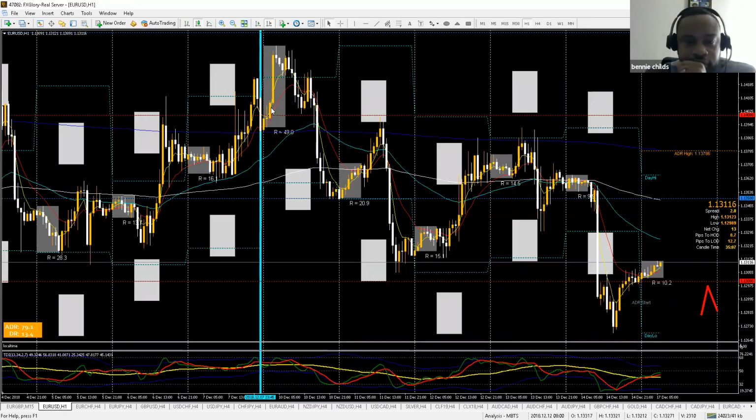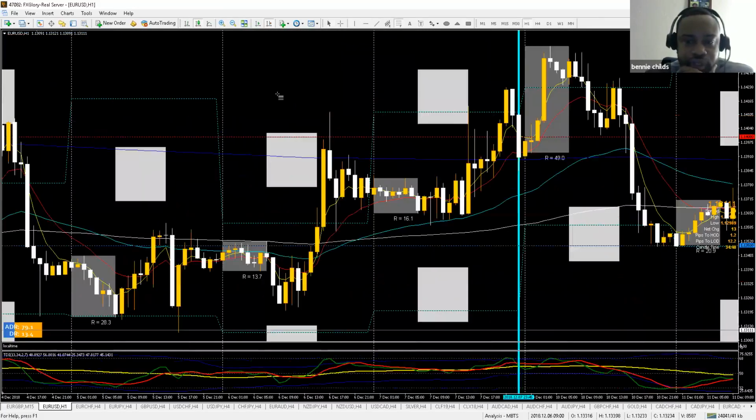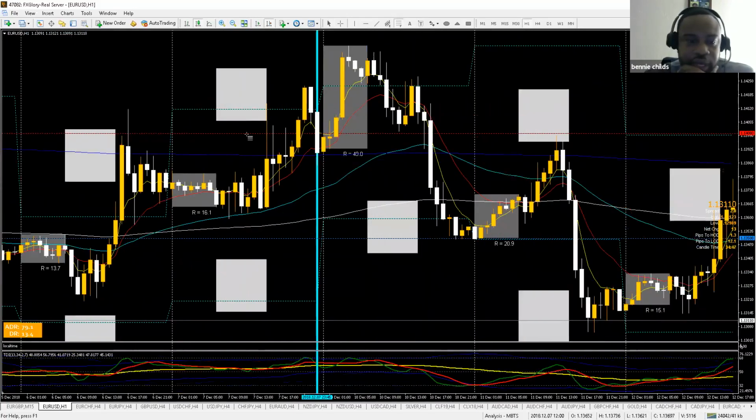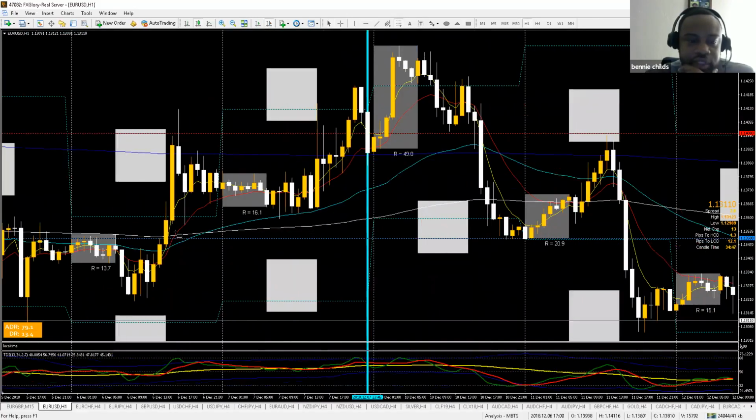Whenever you have a large candle or a large move, the market is going to give you 50% back on that candle. To show you, I'm going to pull out the Fibonacci. You guys know I don't like Fibonacci too much, but let's take a look at this long candle.